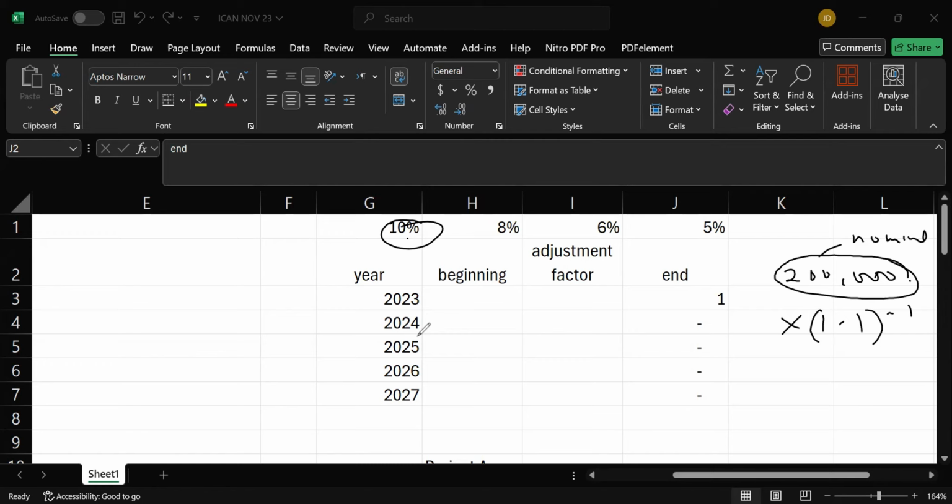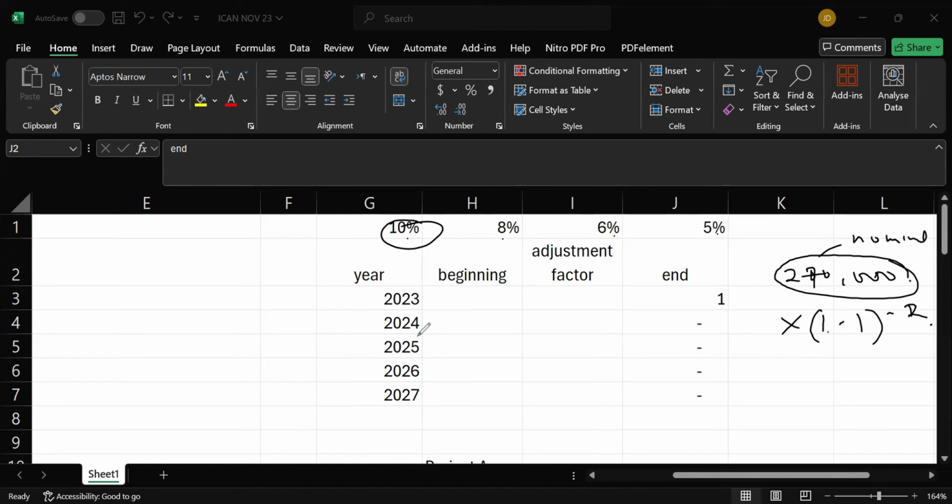So remember initially, I told you that if you have different inflation rates, year two, we have a different figure entirely. And we have a different inflation rate entirely. So I cannot do 200,000 times this raised to power minus 2. No, it will not work. Because year two is 275,000. So I cannot do times minus 2.